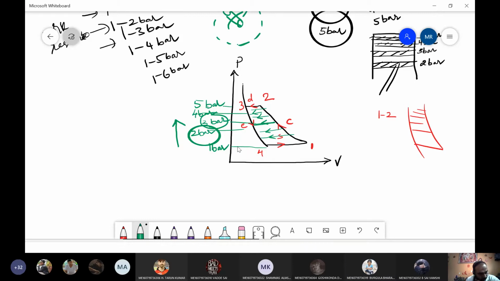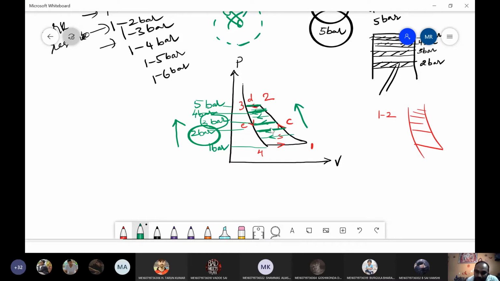See here. What is the volume discharged at this point? This is V2 minus V3. This length is equal to the volume of air discharged, and corresponding to 4 bar, this is the volume of air discharged, and so on for the other pressures. What happens to these lengths? The lengths are decreasing from bottom to top.